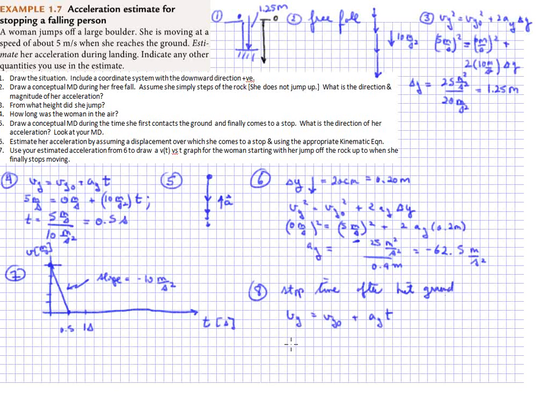So the final velocity after she stops is 0 meters per second. The initial velocity right after she hits the ground is 5 meters per second, plus, okay, so this is minus 62.5 meters per second per second, the acceleration, times t in seconds.